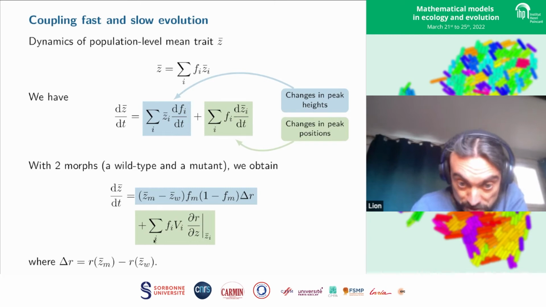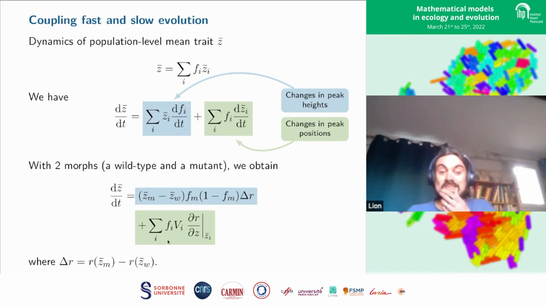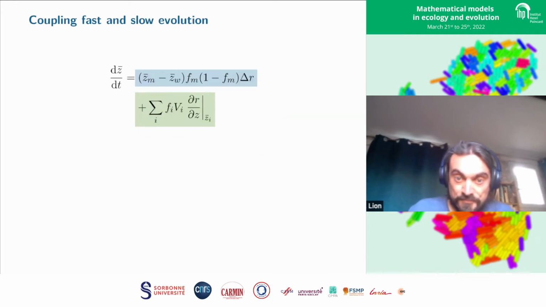And then this green term here is an average, weighted by the morph frequencies, of the selection gradients of each morph. So it depends on the variance of morph i and the derivative of the fitness function evaluated near the morph mean. Why is this useful? I'm going to just repeat this equation here.